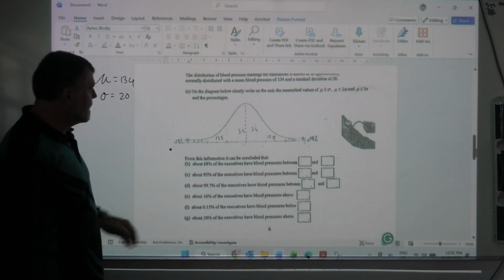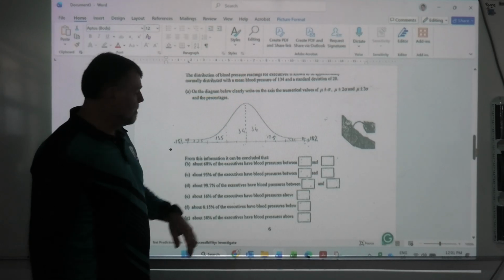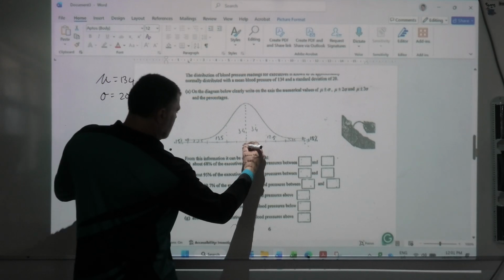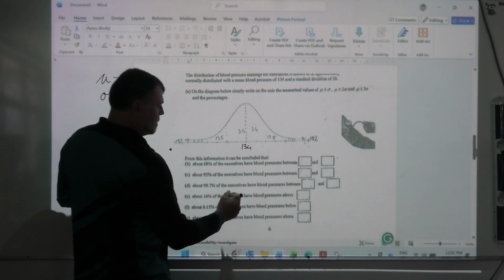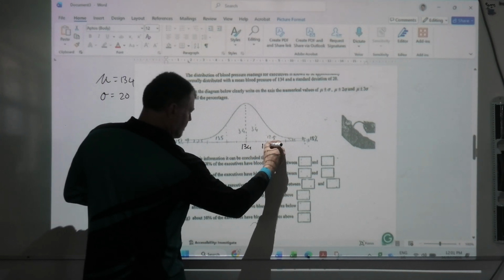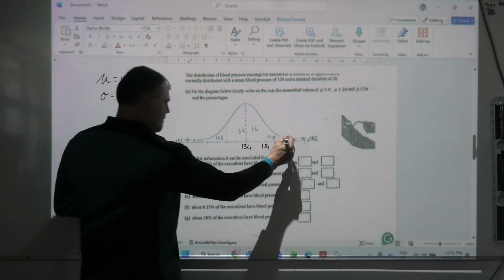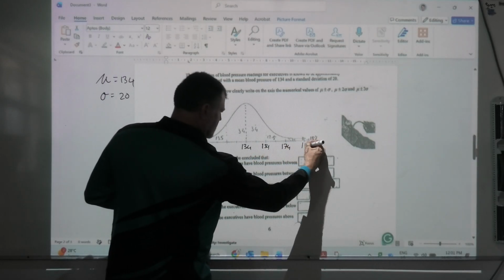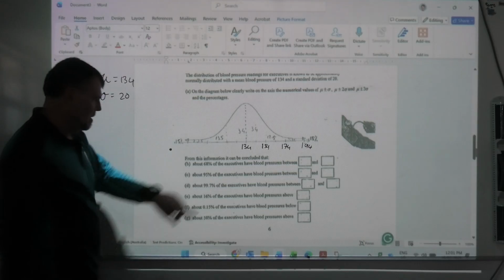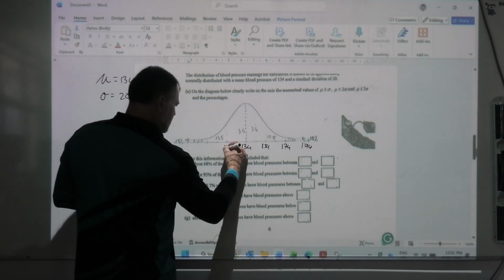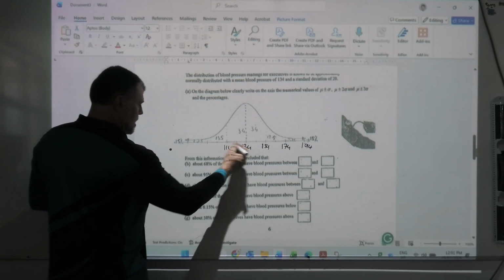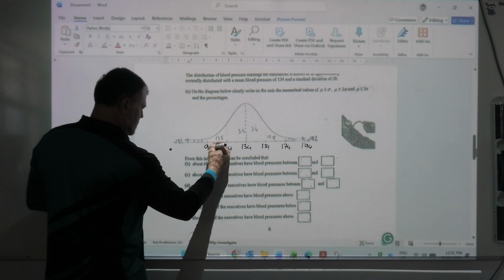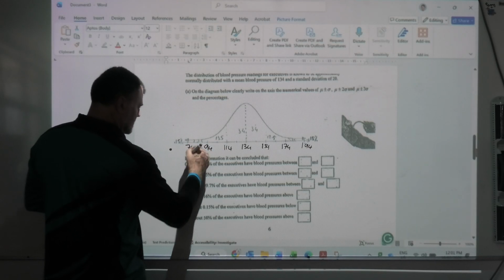So now we're going to put our information down. We know that the mean is 134. So 134 plus 20 is 154. 154 plus 20 is 174, and 174 plus 20 is 194. 134 minus 20 is 114. 114 take away 20 is 94, and then 74.